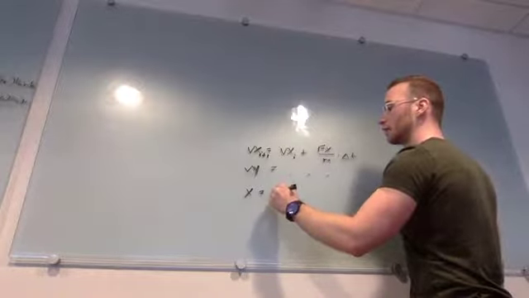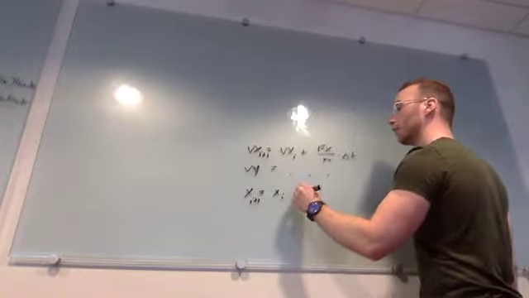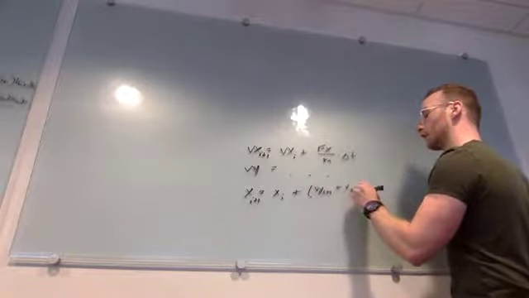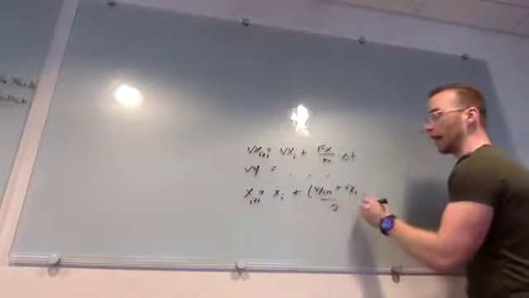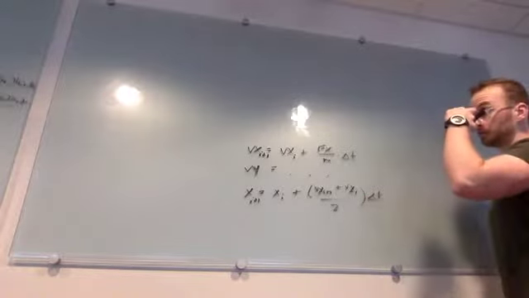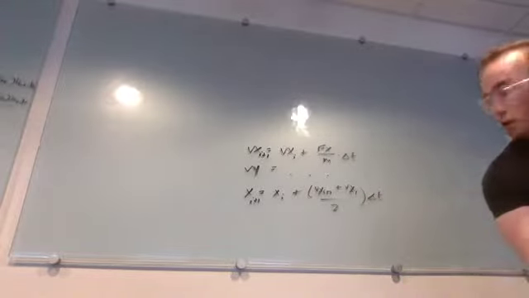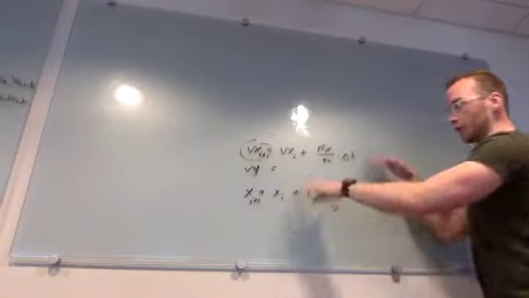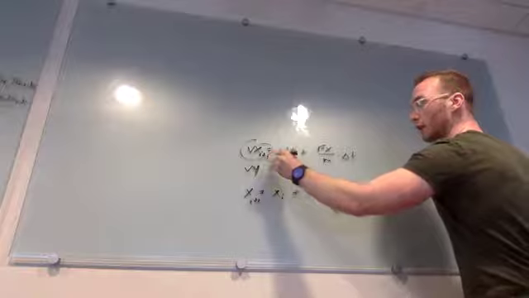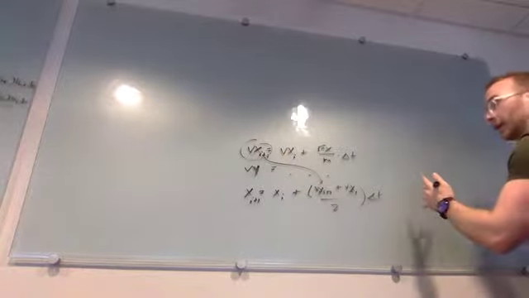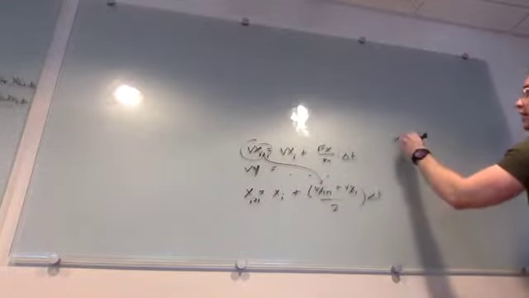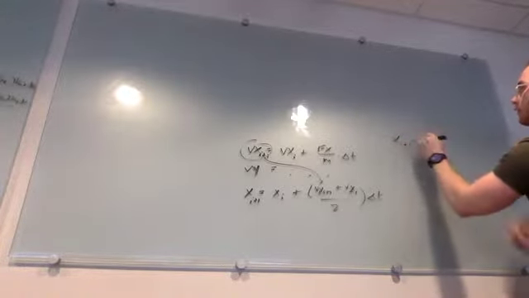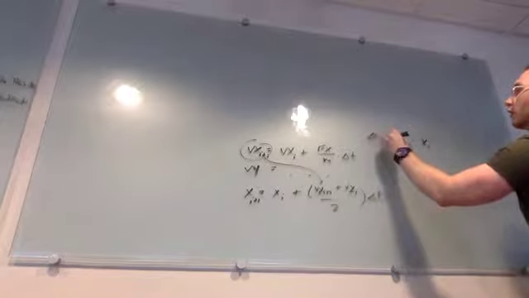But xi plus 1 is xi plus (vxi plus 1 plus vxi) over 2. That's the average velocity times delta t. Now they just want you to take vxi plus 1. This is going to compute and it's going to be fine. But if you plug this in arithmetically, you get xi plus 1, where delta r is really delta x.